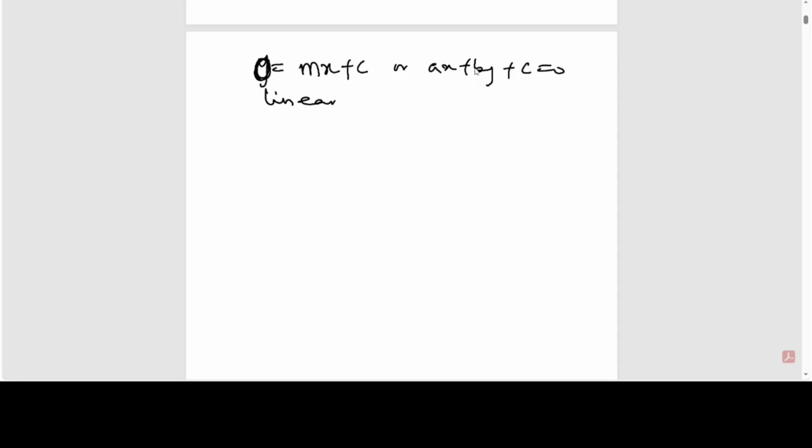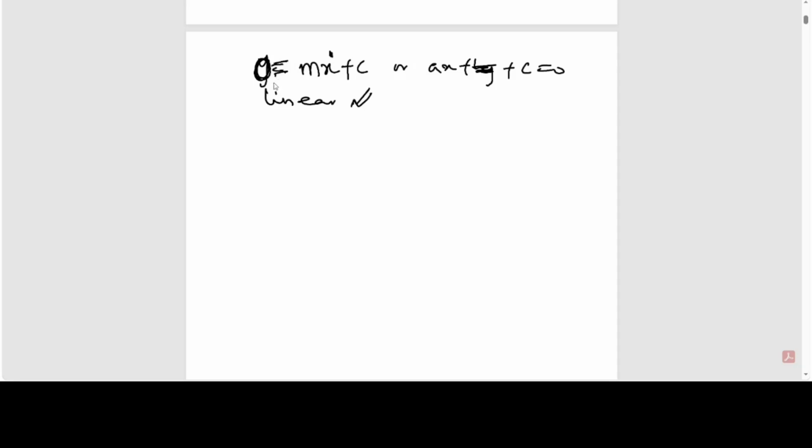I'll cancel the by over here, and then I'll say this is also a linear equation in x, and it is linear because the highest exponent of x is 1, which we normally don't write. So any equation that has the highest exponent of the variable in question to be 1 is called a linear equation. We call it an equation because there is an equality sign.